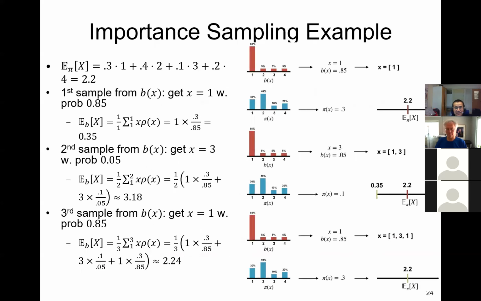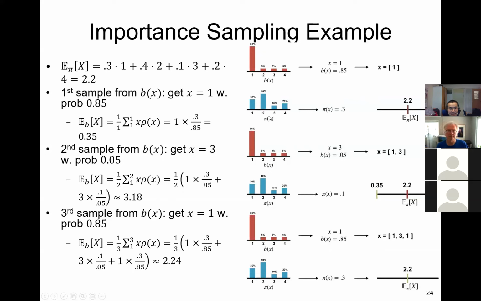Let's look at one example. Say we have two possible distributions of a random variable x. With b(x), with 85% probability you have a value 1, 5% probability you have value 2, and so on.